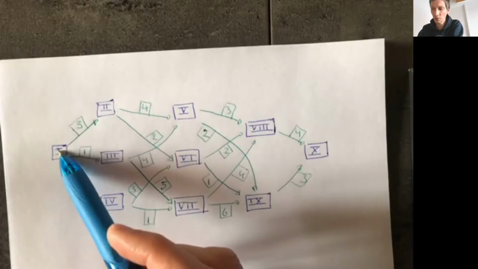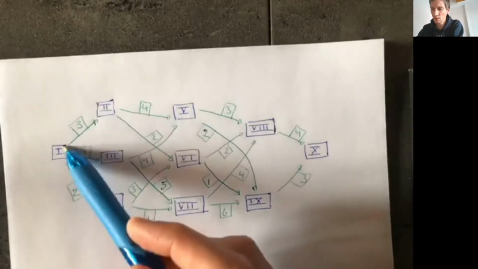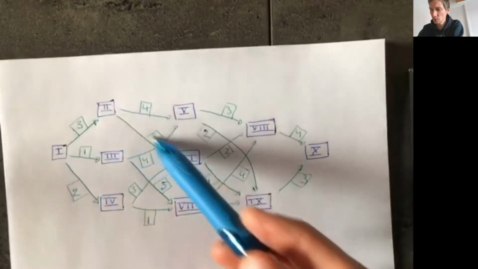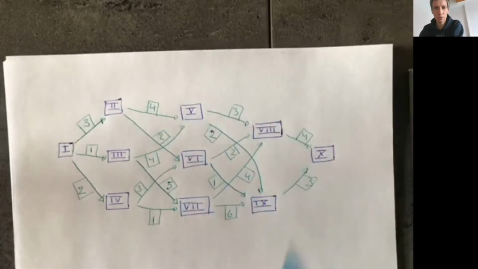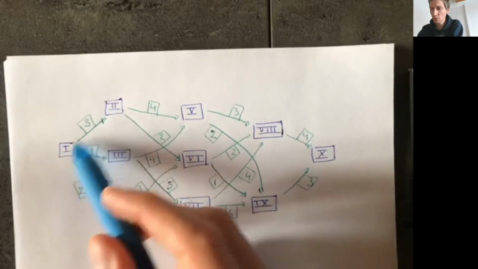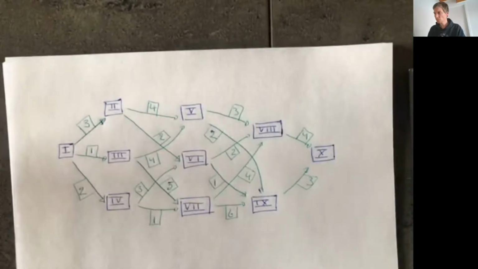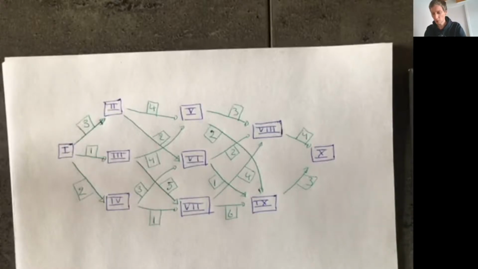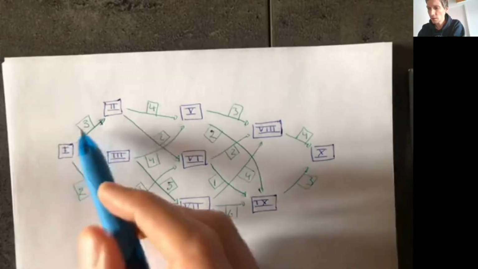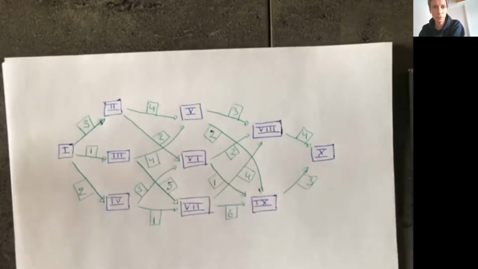So for example, there's a road from 1 to 2, this green one here, and then there's a road here and here. All the green lines are roads between the cities, and you can only go from 1 to 2, so these are directed roads or arcs.